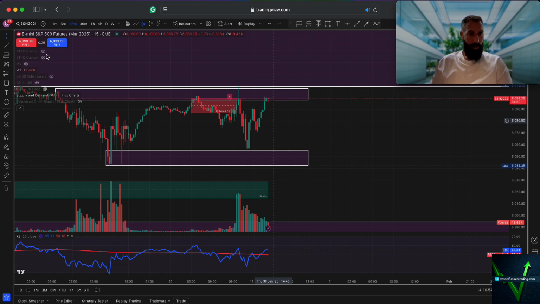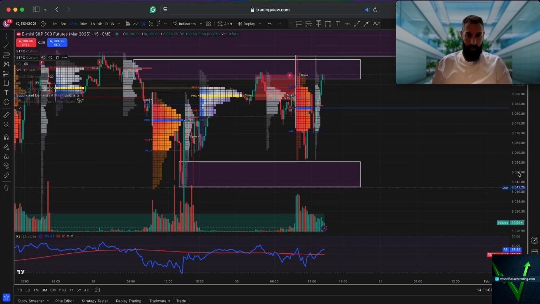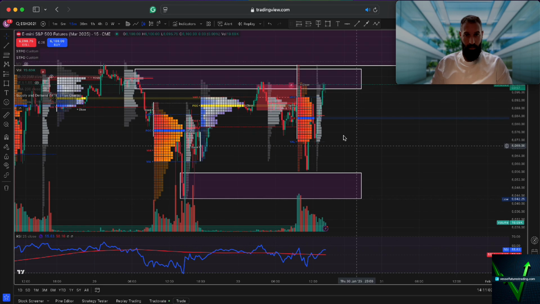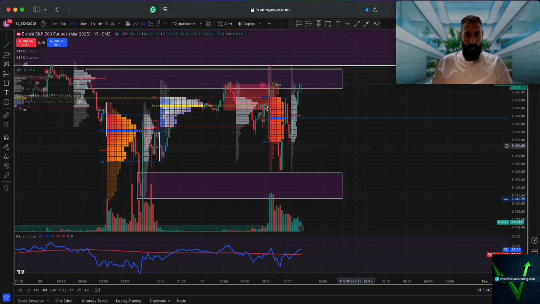So what we're going to do, we're going to look at the market profile of the day and of last night, and we can see how the price is basically trying to maintain a reasonable area right here in the middle. The market opened over here, dropped and went up again, made a small drop and up again.